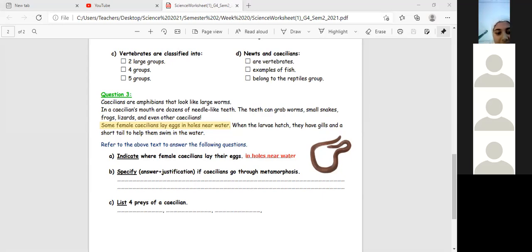So I called Jude. Yalla, Jude. Specify if caecilians go through metamorphosis. What do you think, Jude? Do caecilians go through metamorphosis? Yes. What's your answer, Jude, and why?